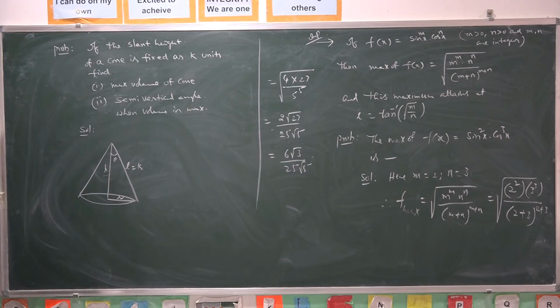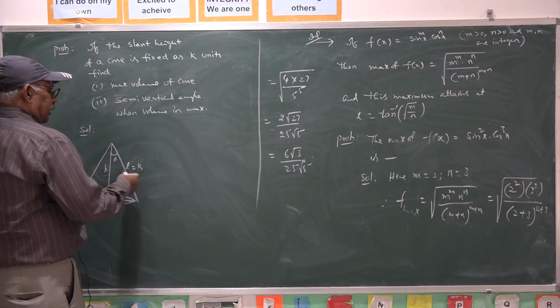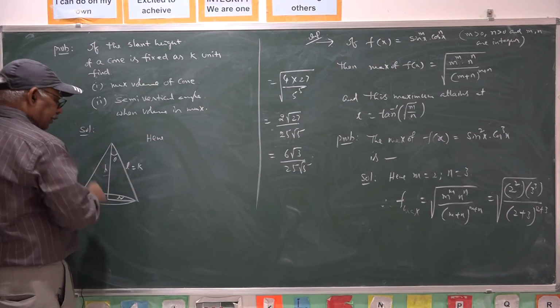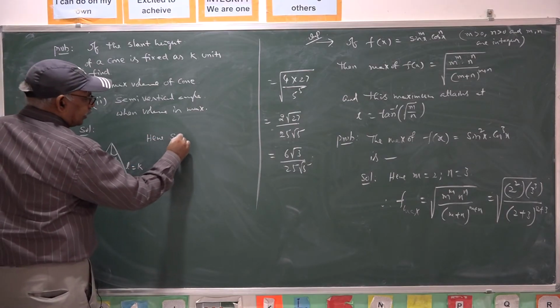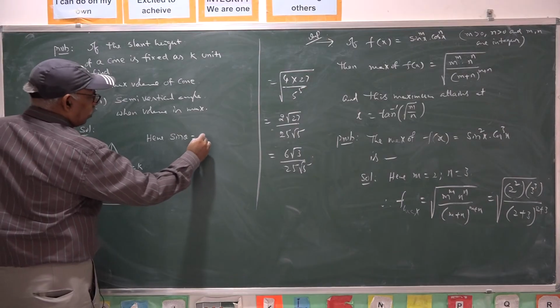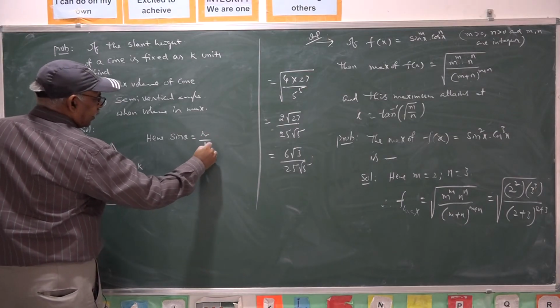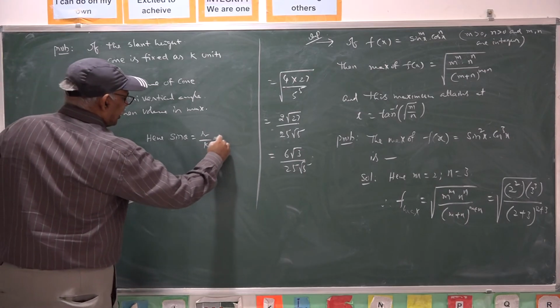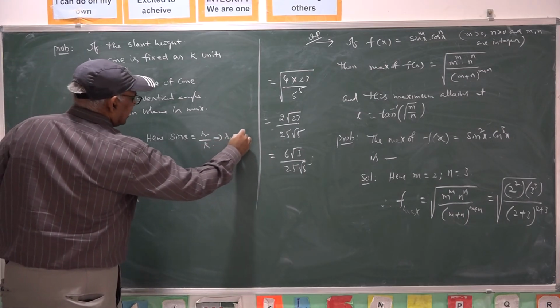From the figure, sin theta is R by L, so the base radius R equals K sin theta.